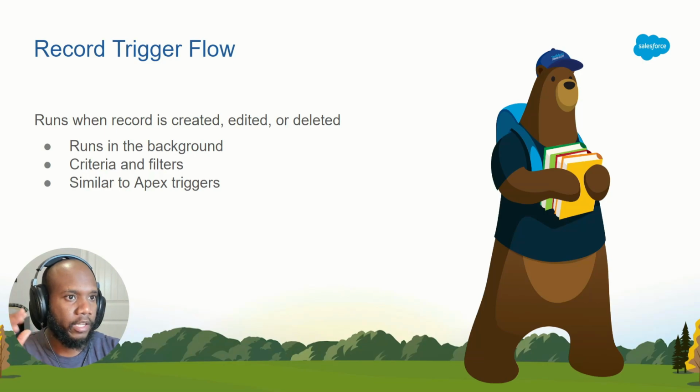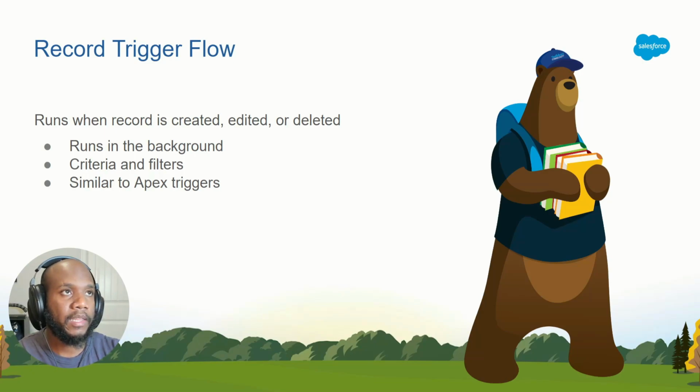So the record is saved, and all of the criteria is met, and it triggers that process to happen. These are really cool and powerful because you're now moving some things that were traditionally held inside of code into flows, which is really powerful.